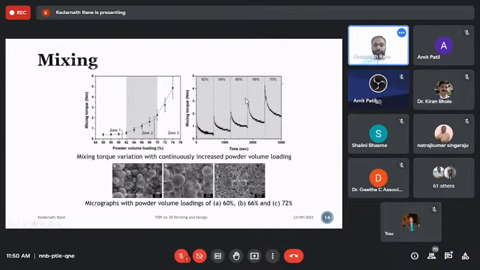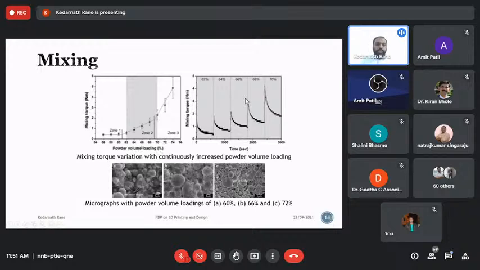When it comes to the micrographs of different volume loadings of the powder, at the scientific level you can term it as volume loading. But at the shop floor level, people use a weighing balance to measure these powders, and they usually use powder loading by weight.